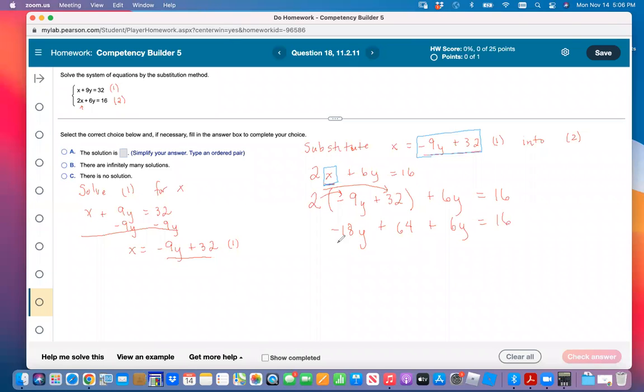I'm going to combine like terms now. So I have a negative 18y and a positive 6y. So that's going to be a negative 12y plus 64 equals 16. And again, I'm trying to solve for y, so I'm going to subtract 64 from both sides.